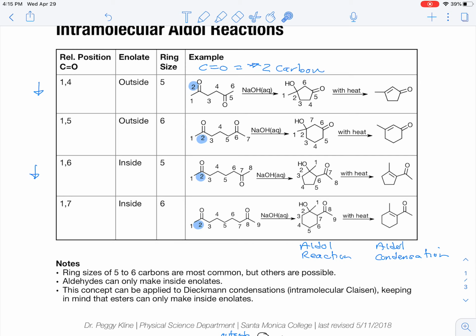And we'll also be able to apply this to Dieckmann condensations, which are just intramolecular Claisens with a different name. But again, esters can only make inside enolates, not outside enolates. So for both dialdehydes and diesters, using this chart, we would only have these two possibilities because those are the two inside enolate possibilities. As part of the first set of writing the reaction product examples that I do, some of the examples will be intramolecular reactions.